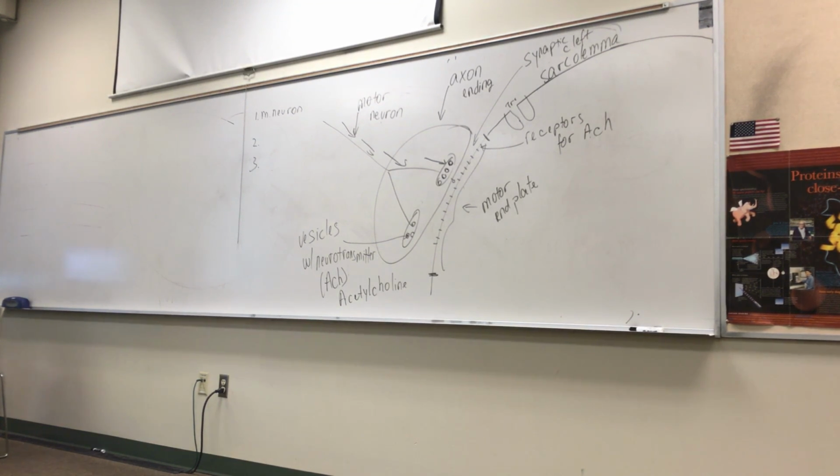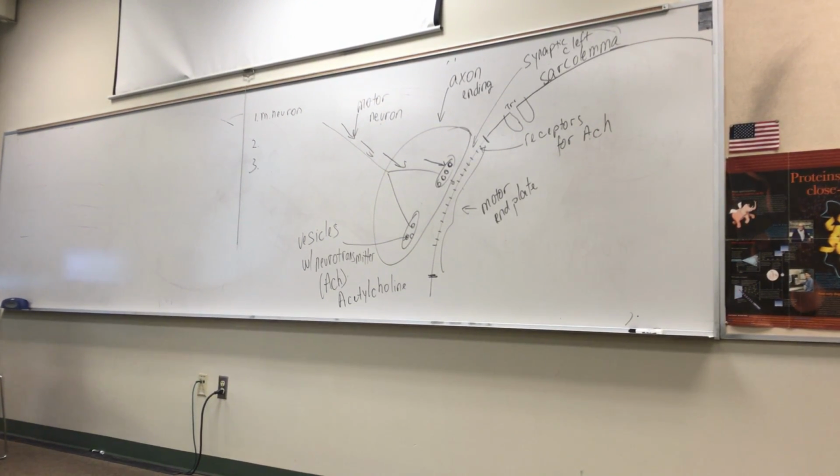Vesicles. Which one particularly? ACH or acetylcholine. Okay. The second component of the neuromuscular junction is what? The synaptic cleft. And the third component is what? The motor end plate, or part of the sarcolemma, right? What's important about the motor end plate? What does it contain? Receptors for ACH.